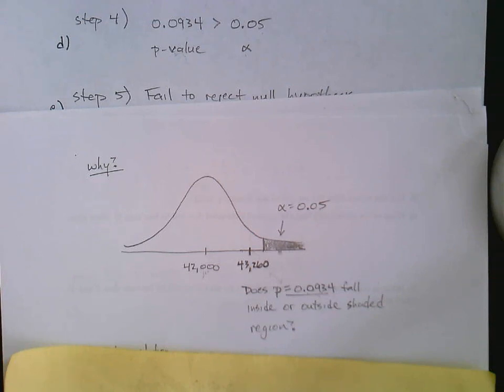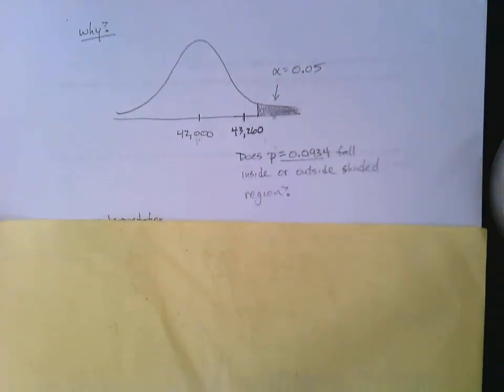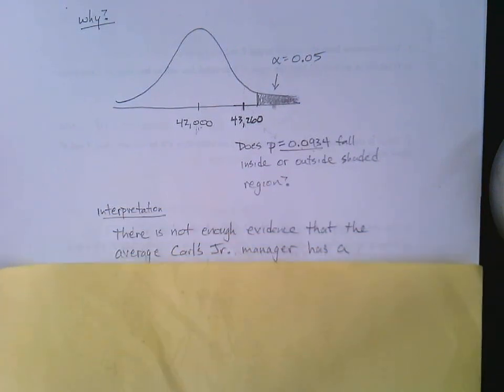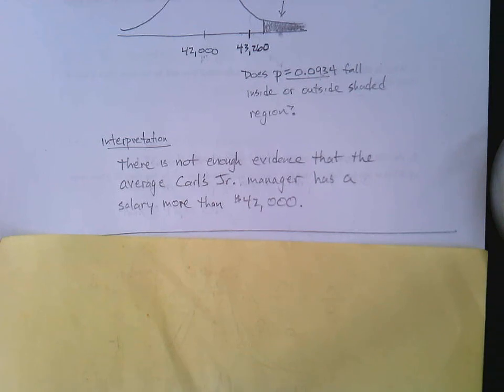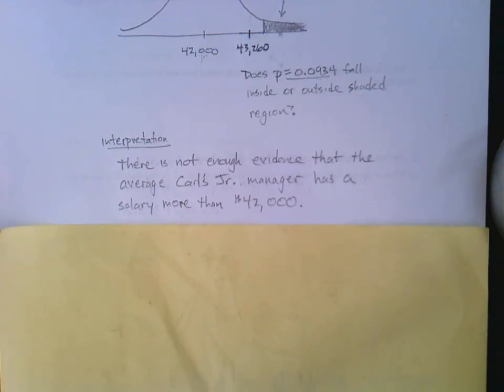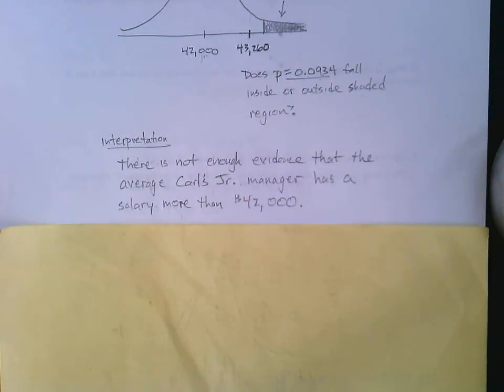The second half of part E there says interpret the decision in the context of this problem. So let's go ahead and finish with that. How might we say the interpretation? We'd say, okay, we failed to reject the null hypothesis. We did not make it into the shaded region, so we failed to reject.